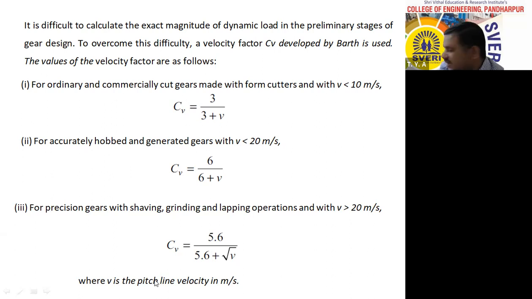Another name for this circumferential, tangential or peripheral velocity is pitch line velocity. And how to calculate v? V is equal to r omega.